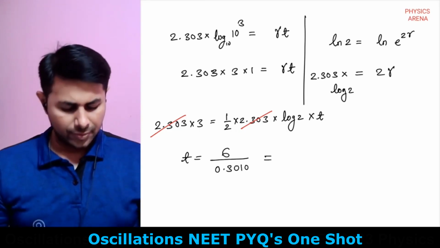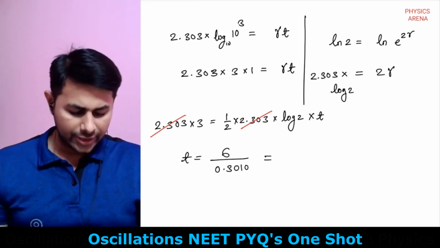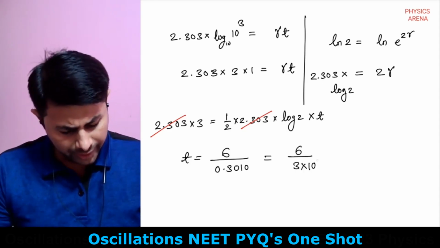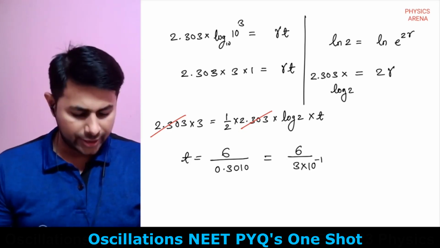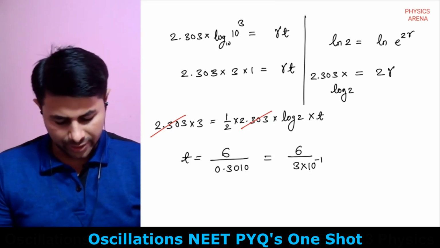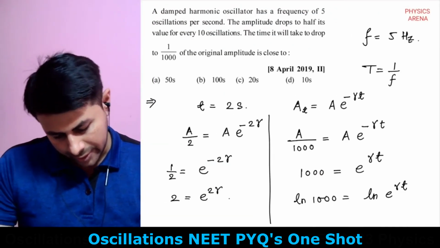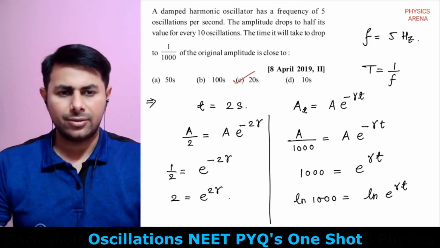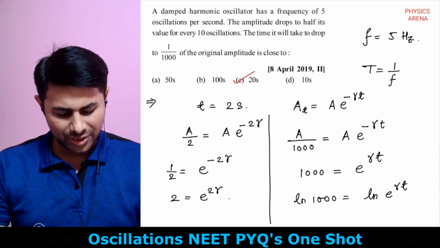In round figures, it's 0.3 only. So 6 upon 0.3, that is 3 multiplied by 10 raised to minus 1 in the denominator, so it becomes 10 raised to plus 1 in the numerator. 6 upon 3 is 2, 2 times 10, so it is 20. So t equals 20 seconds. This is the answer, option C.